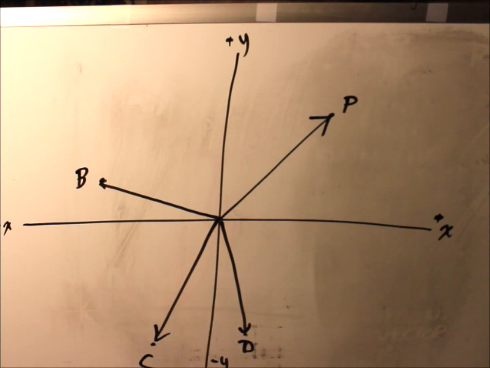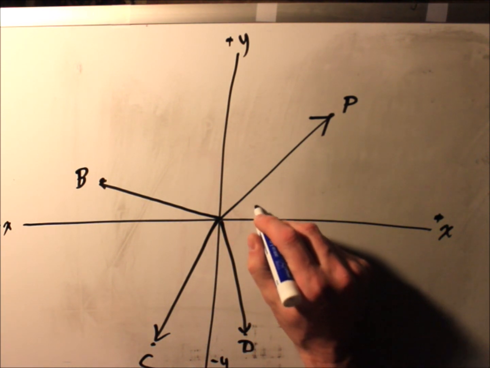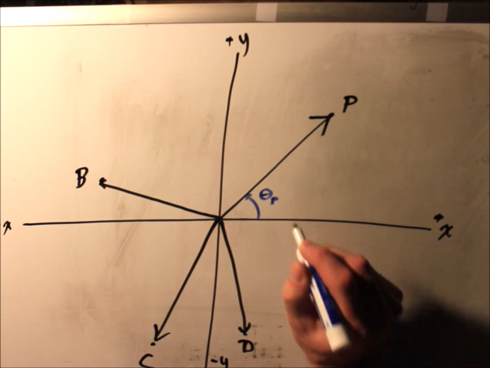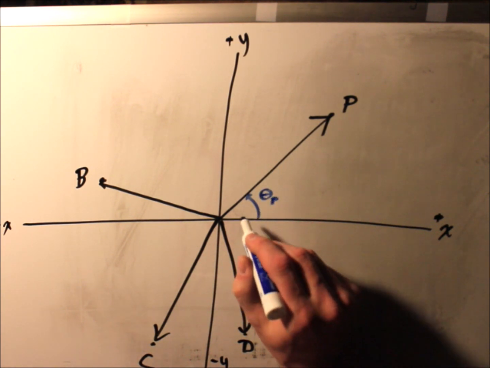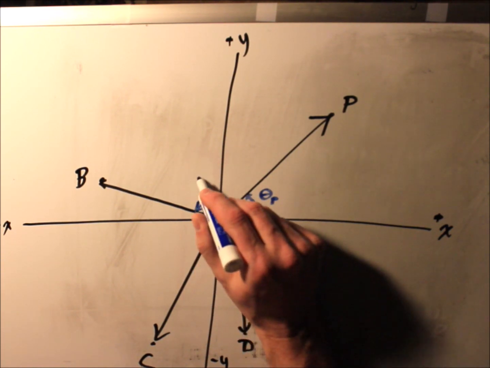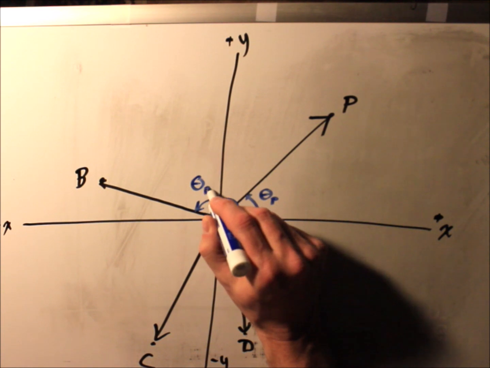And you may have to do some transformations and calculations to find that angle, but that's what you're going to do. So we first had theta here, and we'll say theta sub p. So now we're going to have an angle that goes all the way around here, which we would call theta sub b.